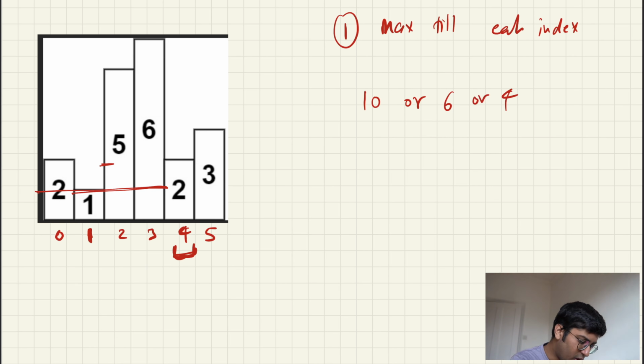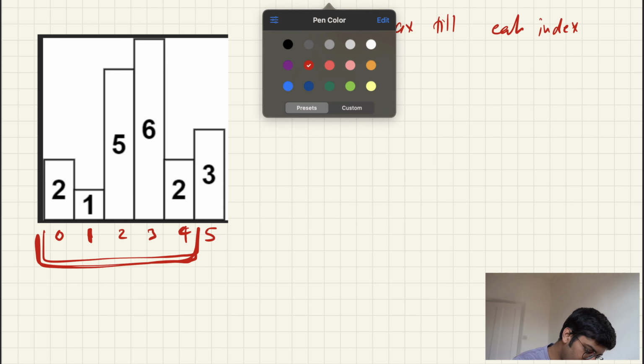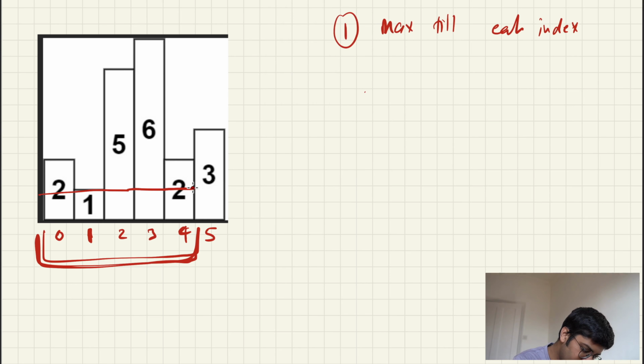Okay, let's say we talk about till 5. What are the possibilities that I can have till 5? We can write it down. One possibility is this, another possibility is this, another is this. Make sense?